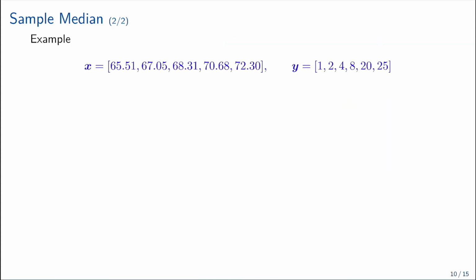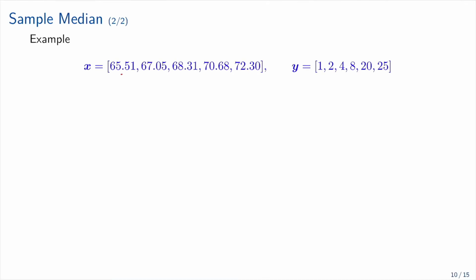So let's say we have two samples. In the first case, we have 1, 2, 3, 4, 5 elements, so this is n equal to 5. And in the second case, we have 1, 2, 3, 4, 5, 6, n equal to 6.